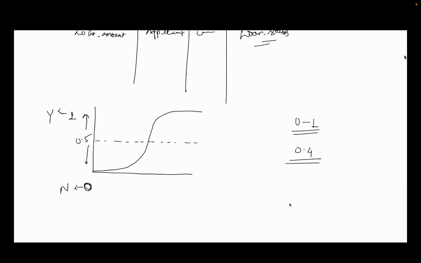Now you will ask me how it deals with multi-class data. As of now, it is binary classification where we have 0 and 1. What about multi-class classification where we have 3 or more different classes coming into the picture? For that, logistic regression has poor performance.